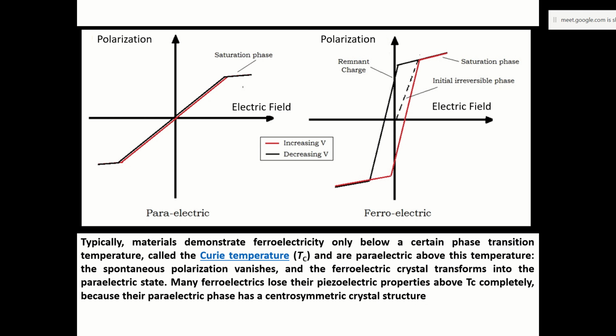So these are ferroelectric materials, with saturation on the positive side, increasing V, decreasing V. Ferroelectric is something which will have a loop kind of behavior. It will never go back along its path.